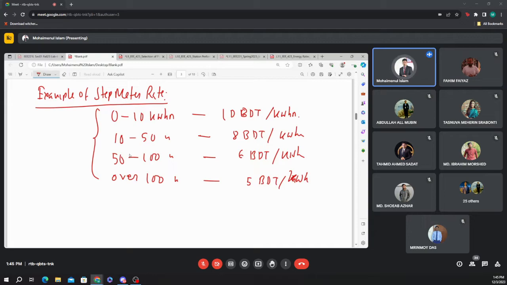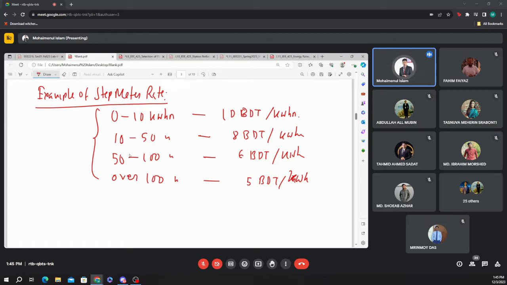Okay, so how to design the rate into the modified step meter rate? Considering these are our steps: 0 to 10, 10 to 50, 50 to 100, over 100.